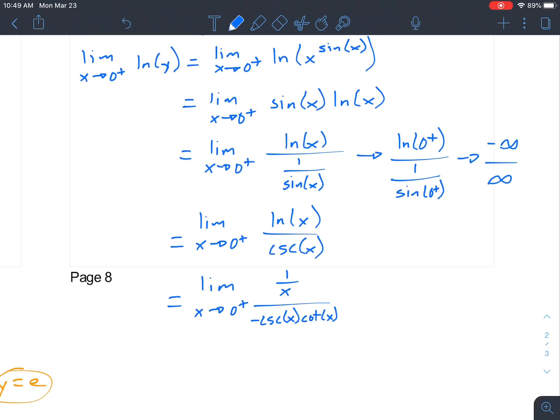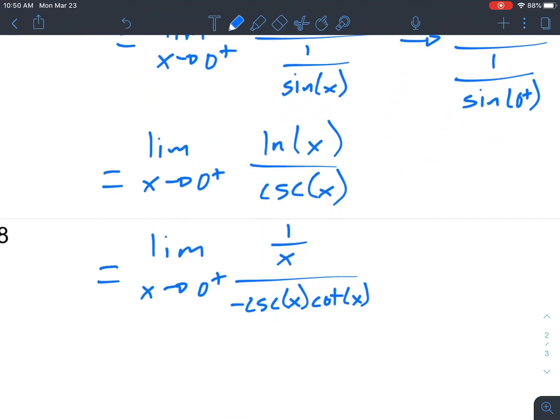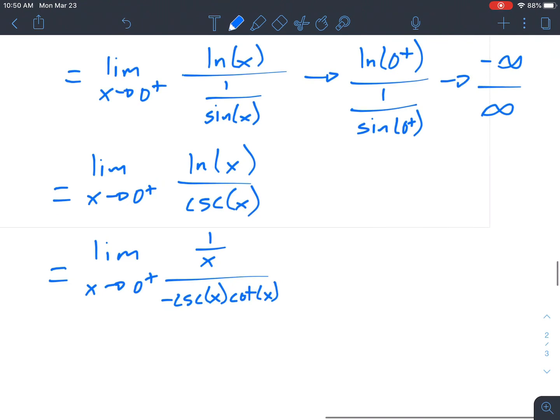Now, I'm going to attempt to evaluate this again, but with cosecant and cotangent, it's a little tricky trying to remember what those values are. So I do think that we need to turn these back into their alternate forms. So we still have 1 over x on top. Down the bottom, cosecant is 1 over sine, I'm sorry.